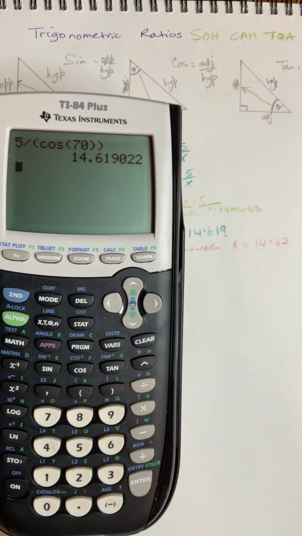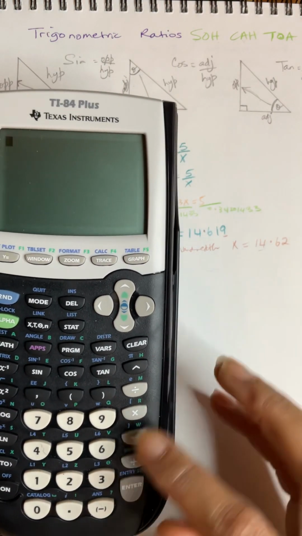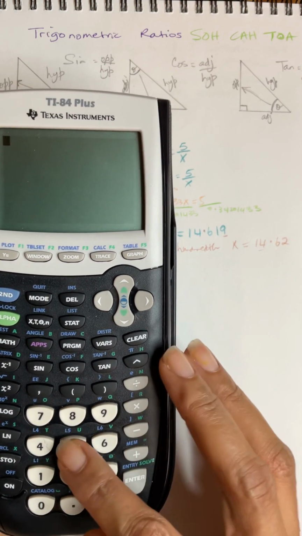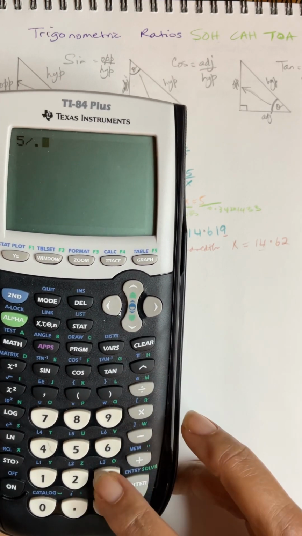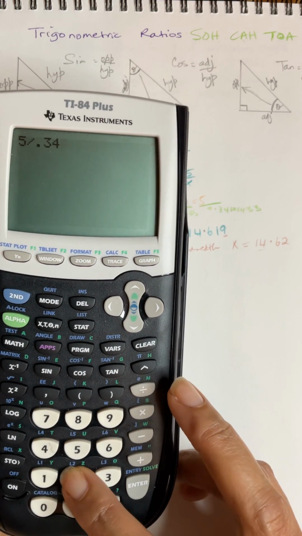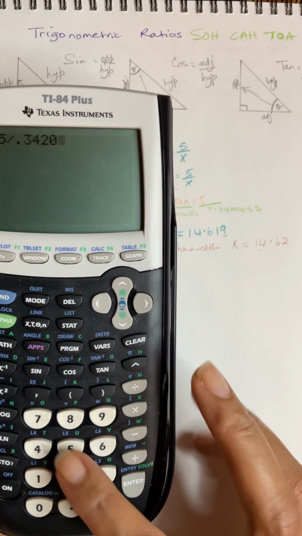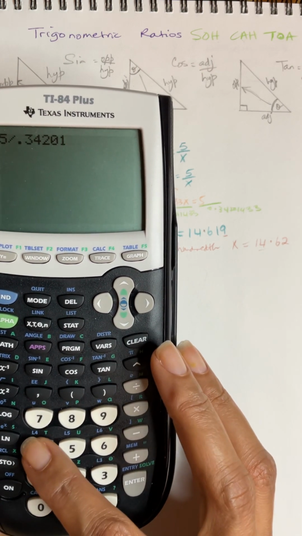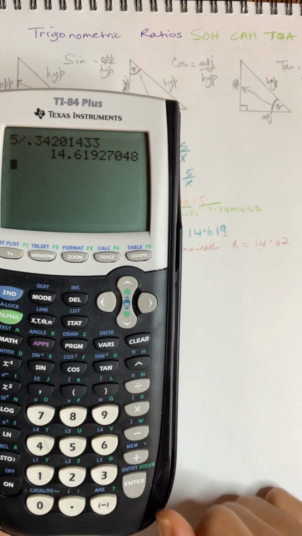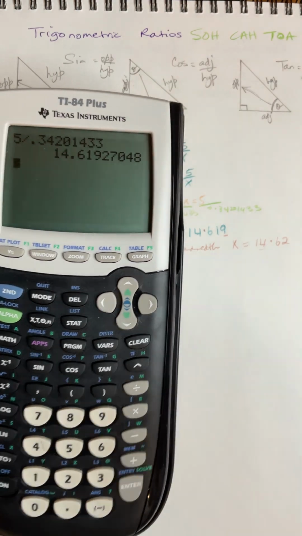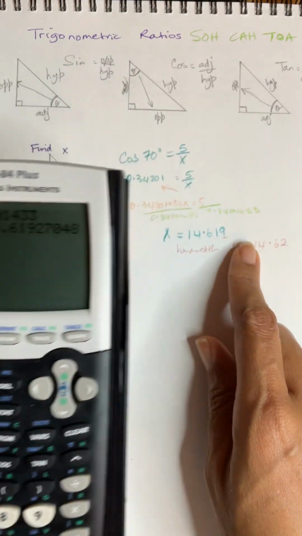And now I want to show you, you go back and clear, because this is using a calculator. If I do 5 on my calculator divided by 0.3421433, see what I got? Same value. So I just showed you how to use the calculator and achieve your answer, all right?